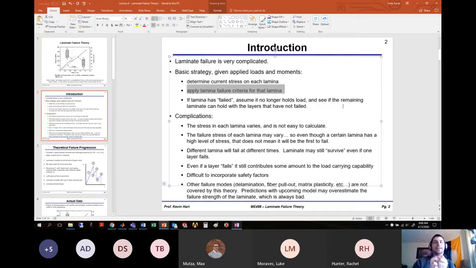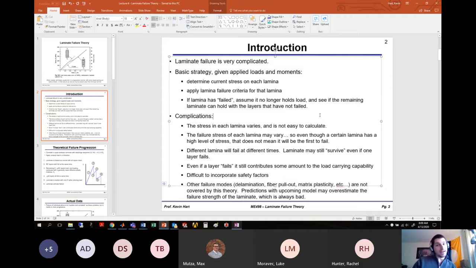Then if we find that the stress in layer K has exceeded the amount that would cause failure, we just say that that particular layer no longer holds any load, and we might see if the remaining laminate can hold or not. It's this idea of, if this layer failed and all of its load transferred to the rest of the laminate, would the laminate hold or would the laminate then fail? All right, so that's the progressive manner in which we work.